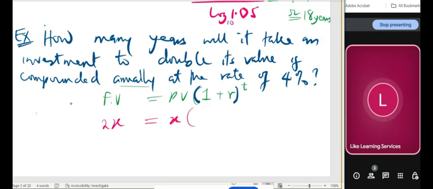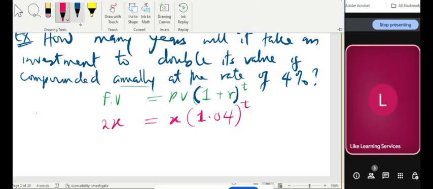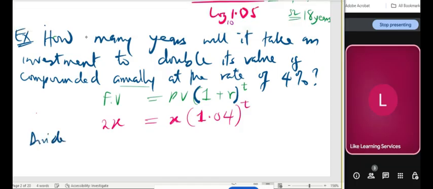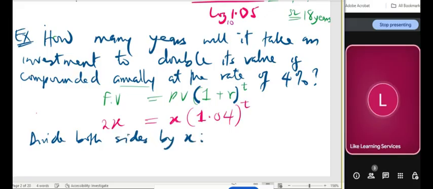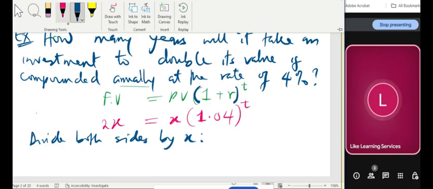So you just have 1.04 to the power t. So you divide both sides by x, isn't it? Divide both sides by x. Of course, that will give 2 equal to all that.